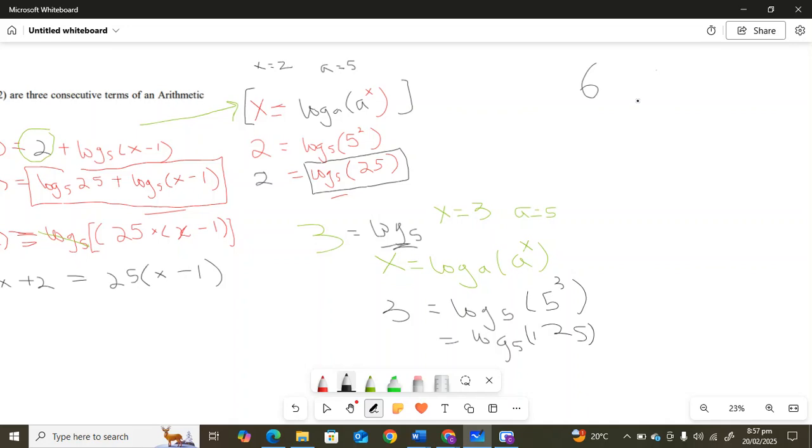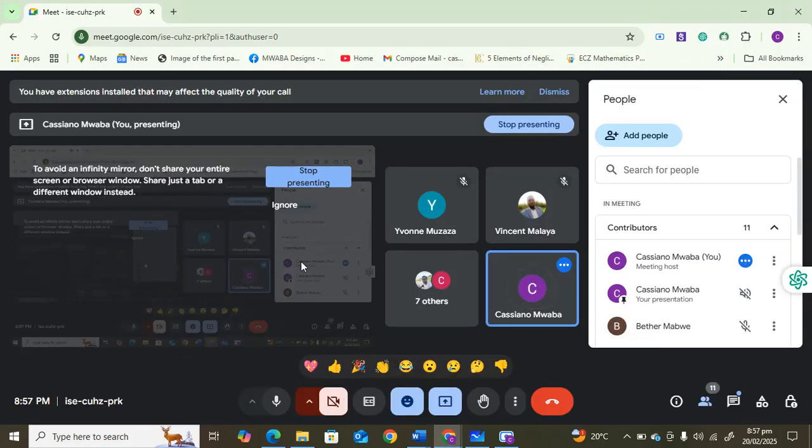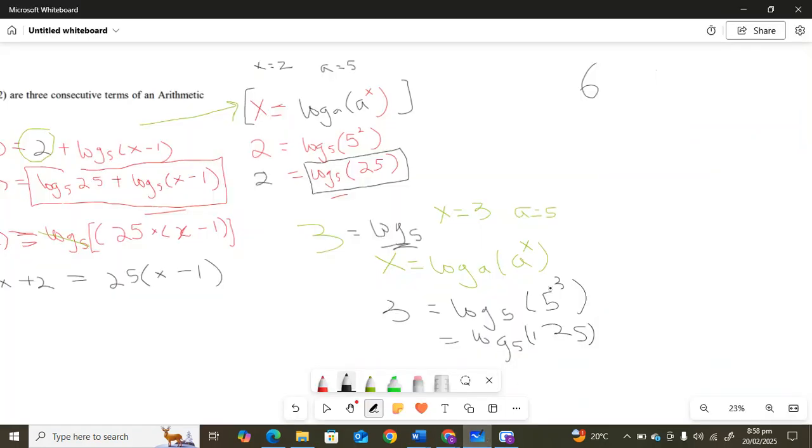Listen to this example before you copy, because copying without understanding, you won't gain anything. So just listen to this last example before you copy.